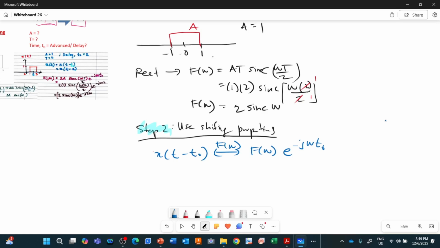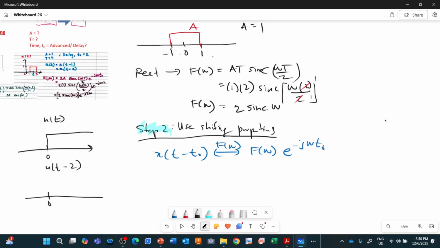Now, you have learned in chapter 1 previously. For example, if you have a shifting step input u(t), and you have u(t - 2), how does it look like?